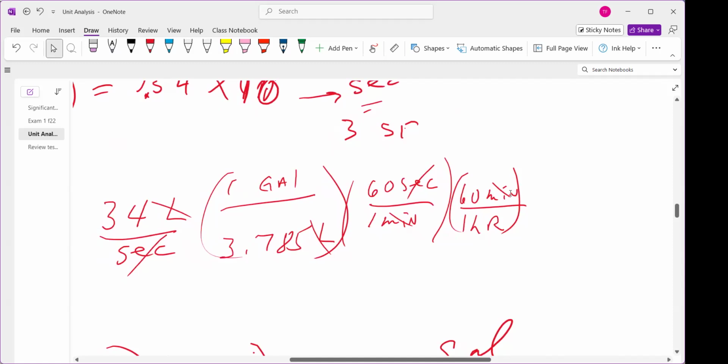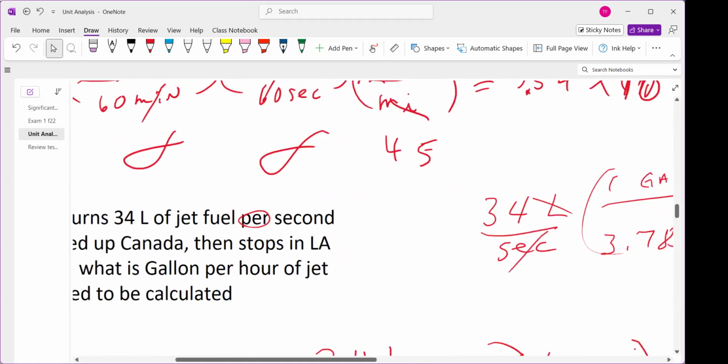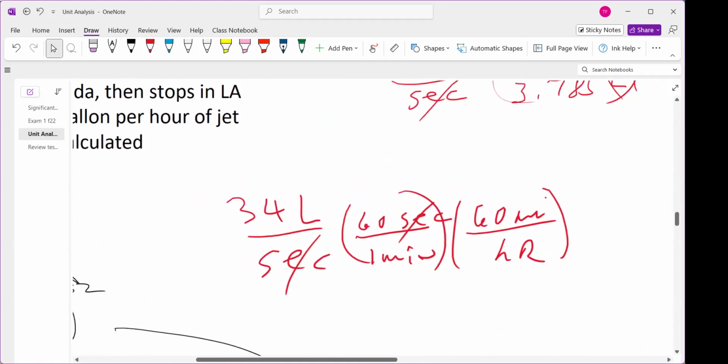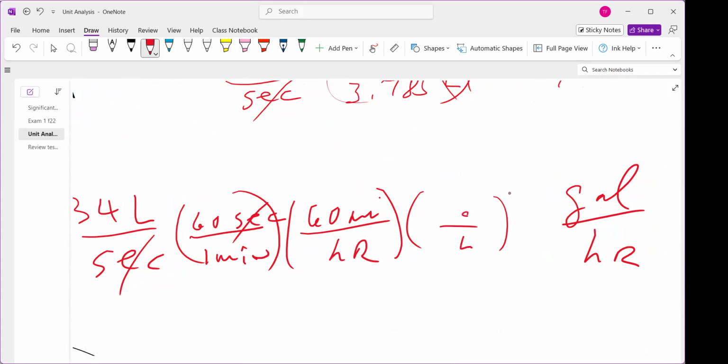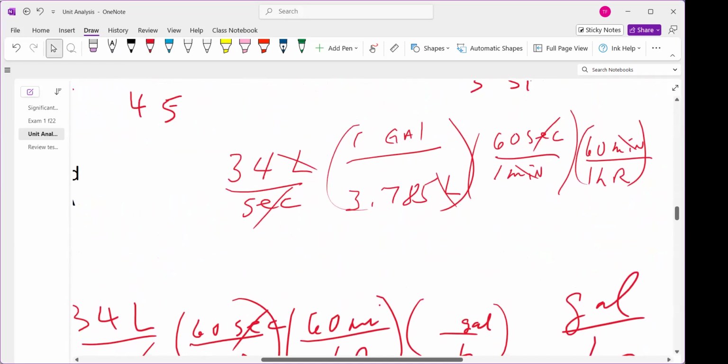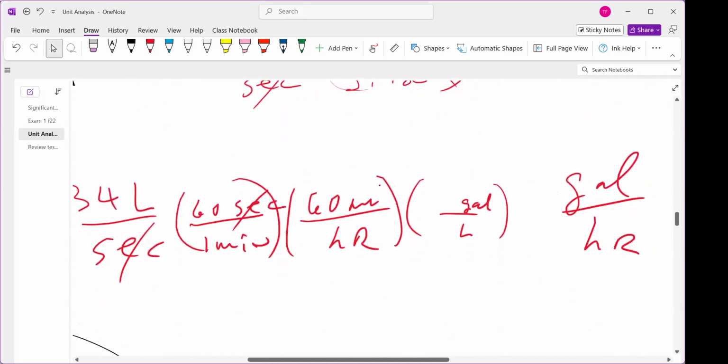Okay, so we're looking at volume now. There's liters per gallon, and that's 3.785. I didn't erase the one I did last semester. Now we need to look at liters per gallon, and that is 3.785.